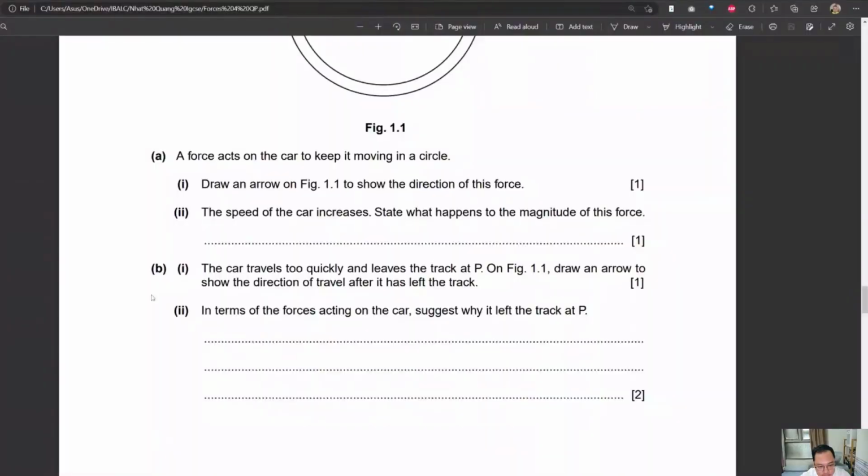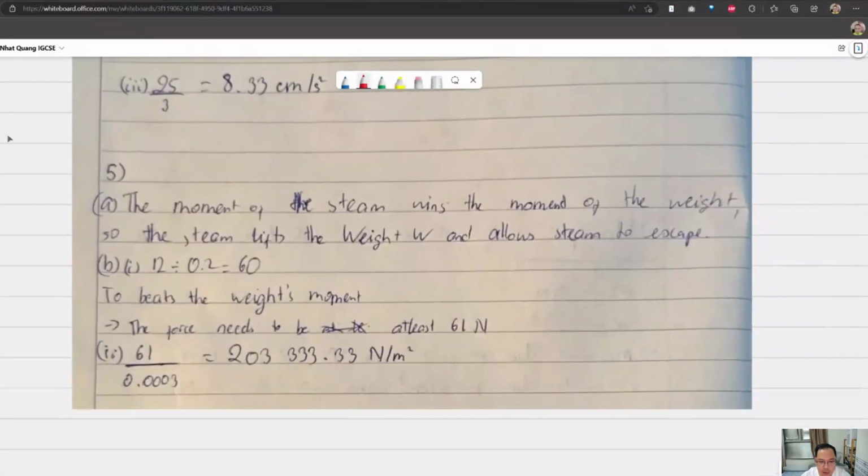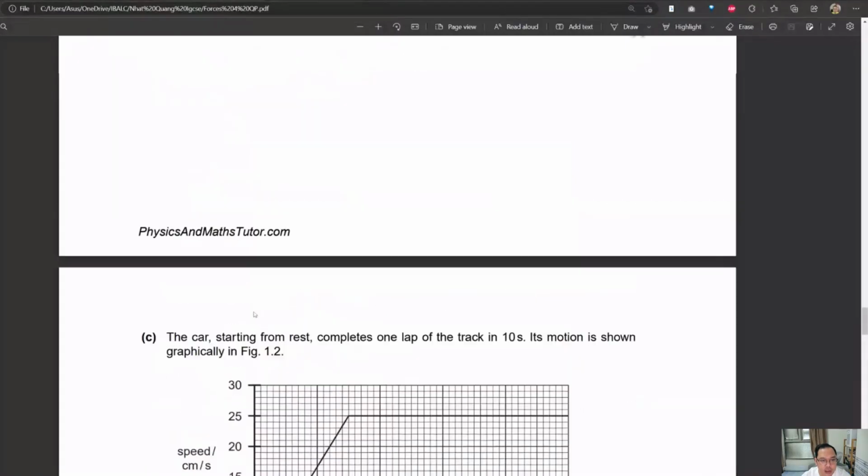Okay, question C. We have a graph describing the motion between 3 and 10 seconds after the car has started. It increases its speed linearly with constant acceleration for the first 3 seconds, and then remains at constant speed for the last 7 seconds.